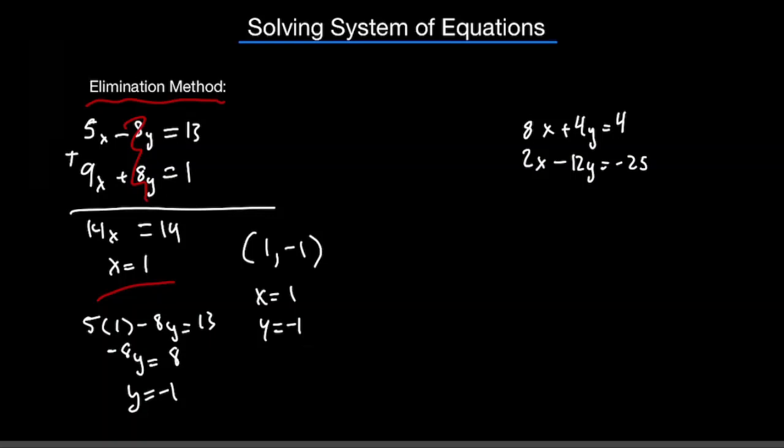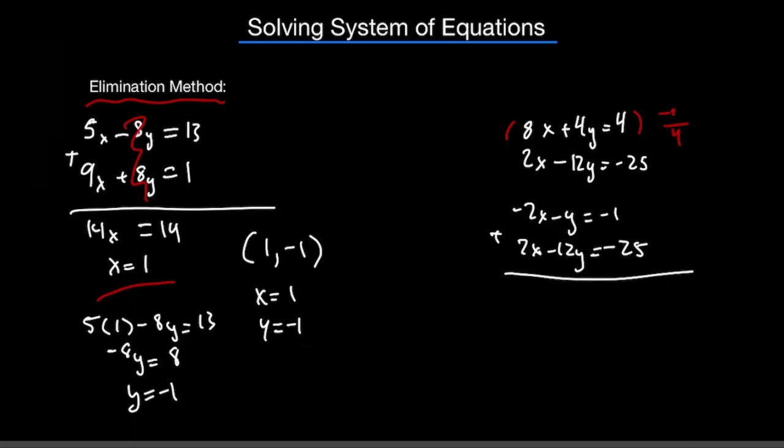By doing so, I'm going to divide each side by negative 4, or multiply by negative 1 over 4. My new equation, simplified, is negative 2x minus y equals negative 1, and the bottom equation stays the same, 2x minus 12y equals negative 25, and I'm still going to add them.